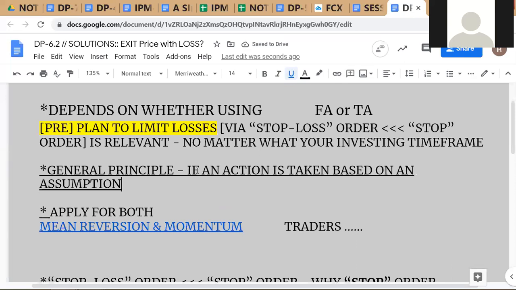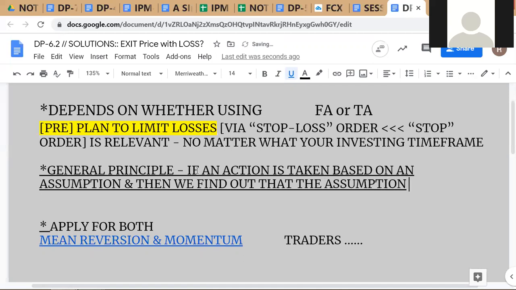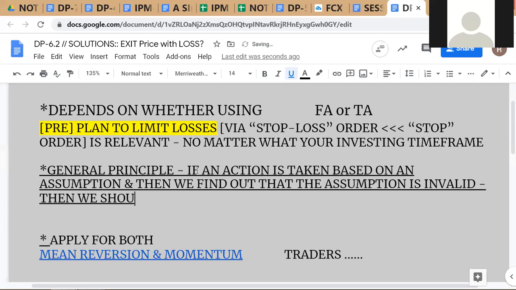If an action is taken based on an assumption, and then we find out that the assumption is not true, or is invalid, this is the general principle: then we should reverse the action taken.